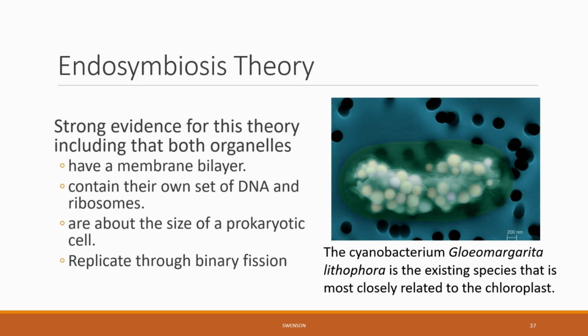Coincidentally enough, they both do photosynthesis, and their genes are most closely related. In this particular organism, its gene sets are the most closely related to the genes found in the chloroplast DNA of any other living organism on Earth.